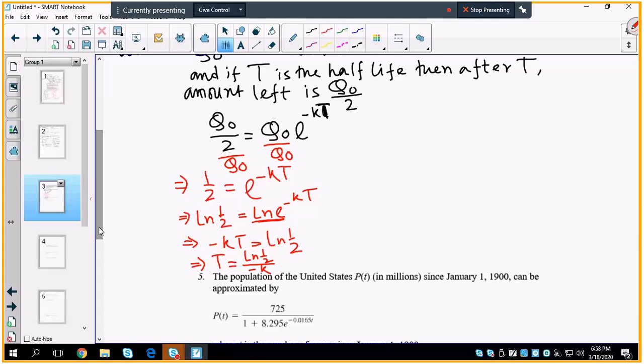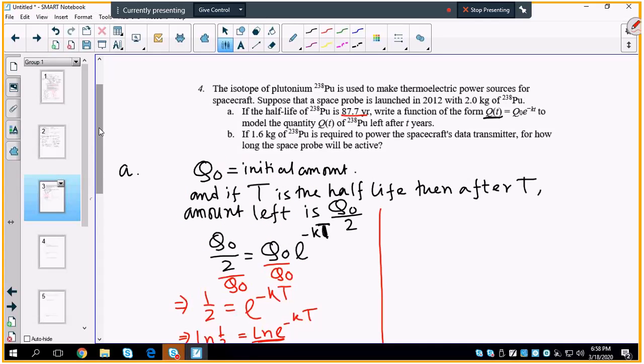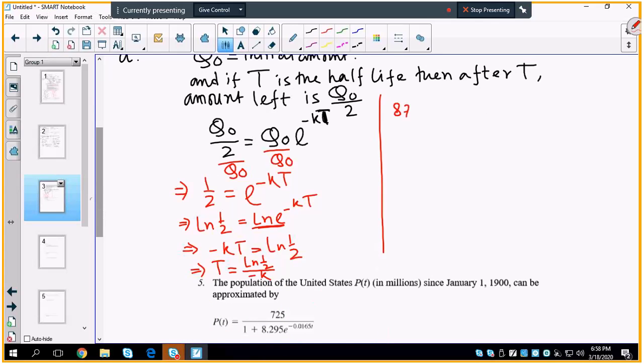In our problem, we know the half-life. What is the half-life? The plutonium-238 has the half-life of 87.7 years. So I'm going to go ahead and say that 87.7 years is equal to natural log of 1/2 over negative k. See, that helps you solve for k, and hence you will be able to write down the decay equation.